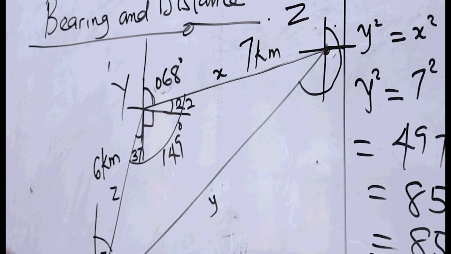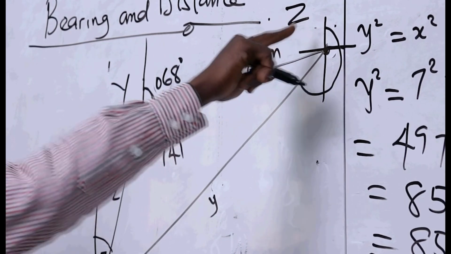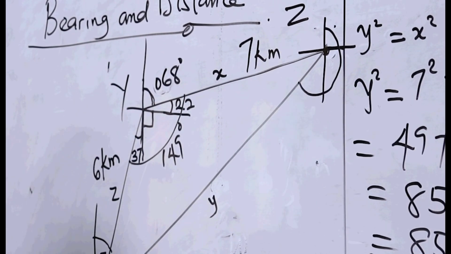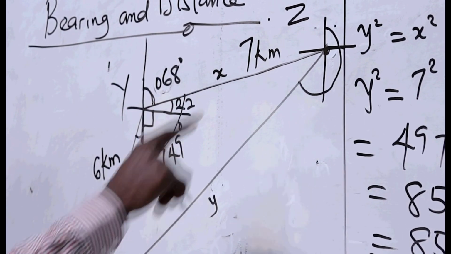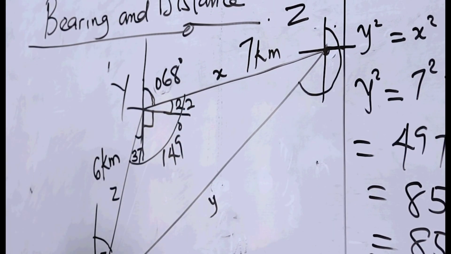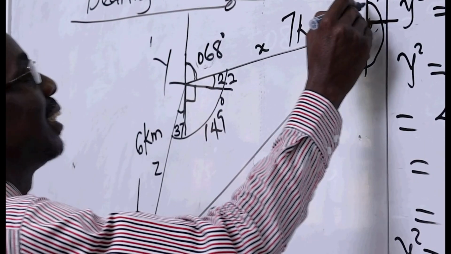Yes, sir. When you move from the north, you are moving in the clockwise direction until you get to the line that is joining the 2 points together. After doing that, the total movement you have done is the bearing. That's all. You now analyze that movement.